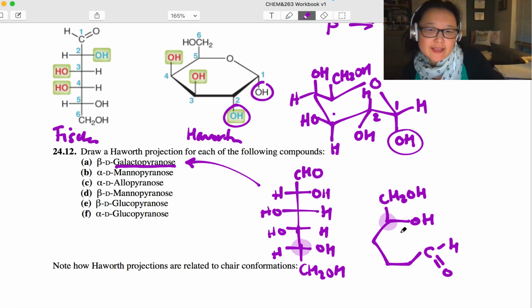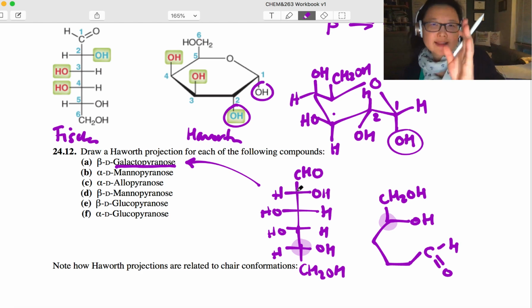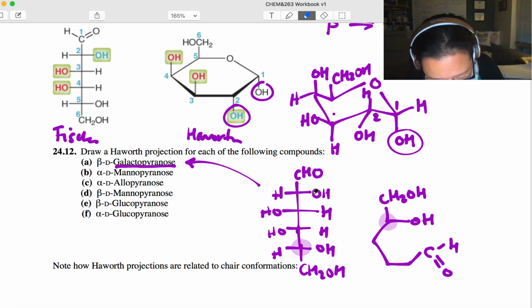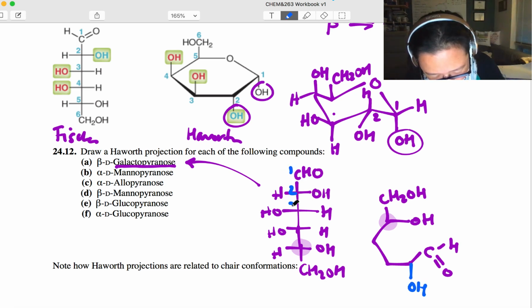So now the thing is, I want to make sure my stereochemistry at all these other centers is preserved. So to do that, I laid it flat down. So anything that's on the right side is going to be down. So I'm going to make sure that this OH group here at carbon 2 is down, and at carbon 3, I have an OH group up because it's on the left side.